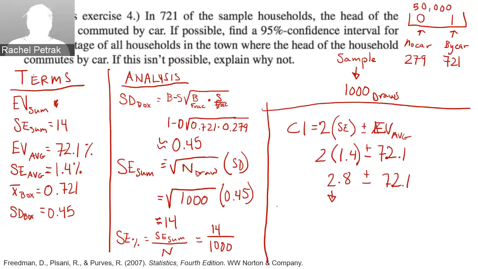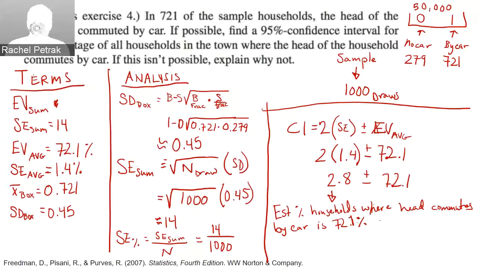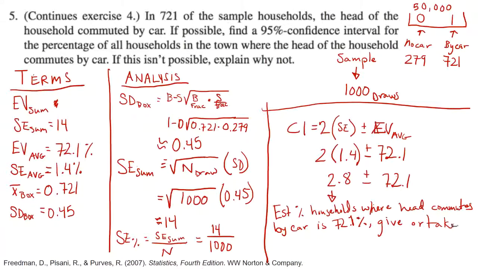Thus, the percentage of all households where the head of household commutes by car is 72.1%, give or take 2.8%.